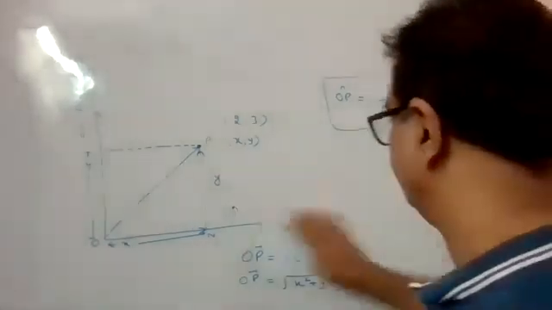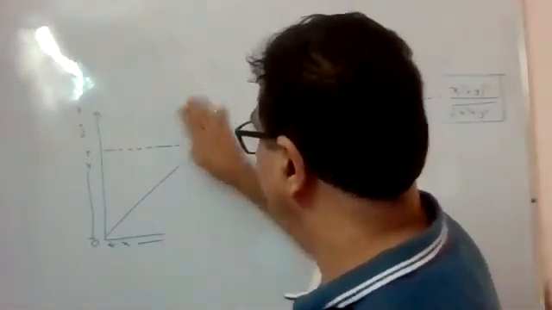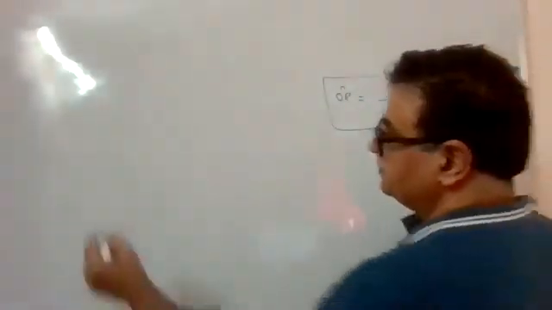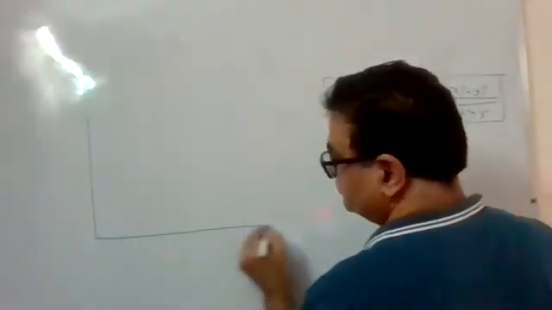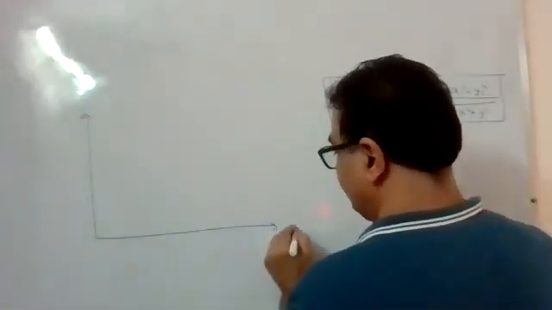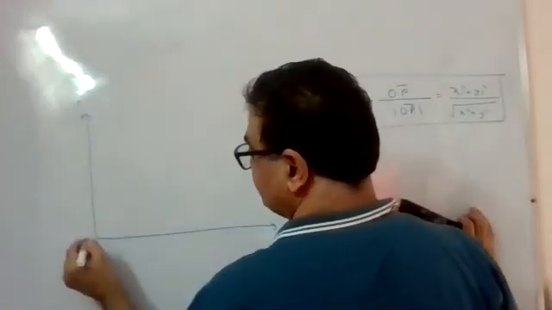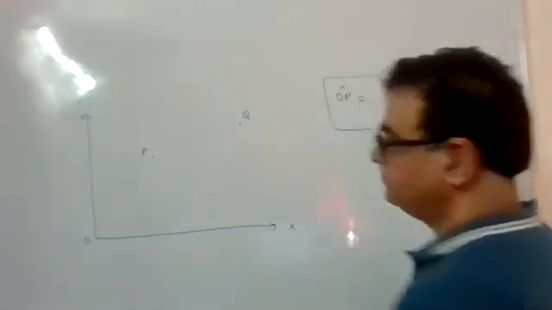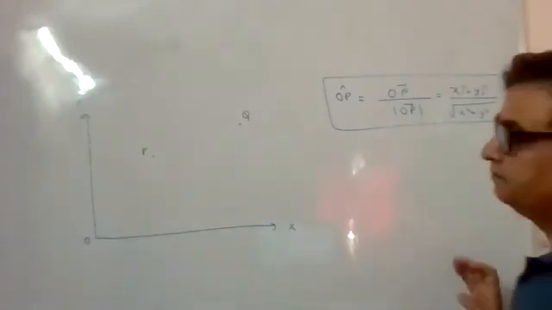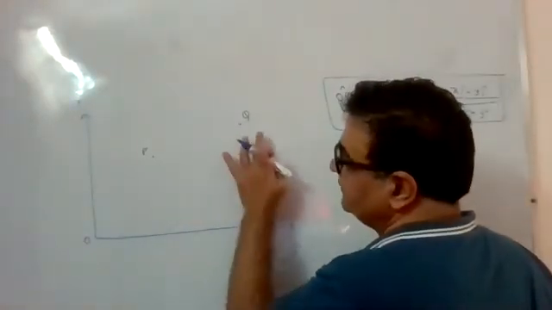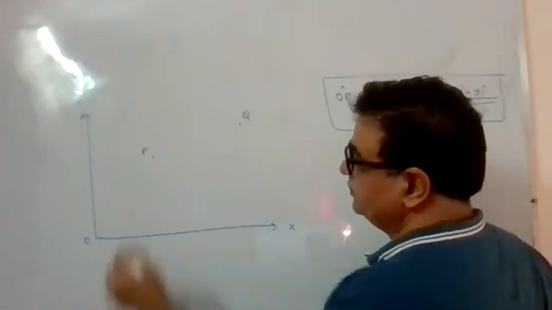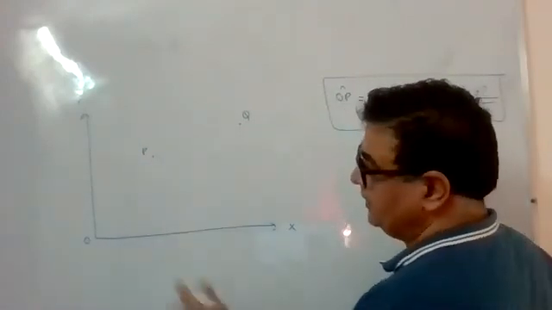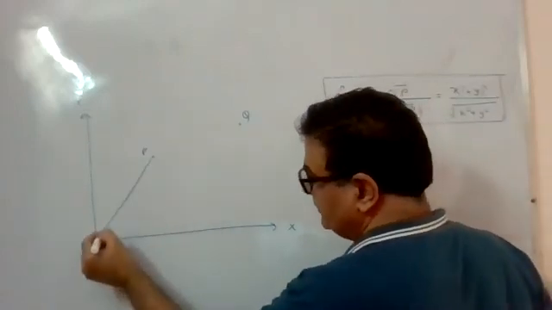One more thing now, note here. This is again x-axis, this is y-axis, this is origin, this is point P, and let this be point Q. This is point P and this is having coordinate Q. If I say you write the position vector of P, that means I should have this.